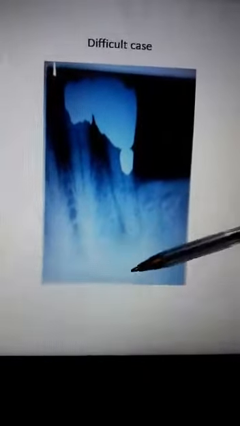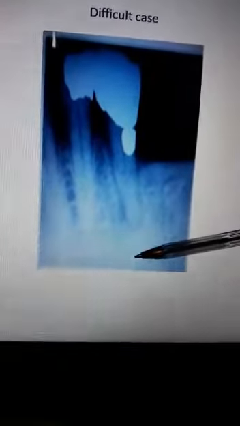In addition, there is a cervical amalgam restoration, and because of this restoration there is a risk of removing excess dentine, and also a risk of perforation during access. So there could be a blockage during canal instrumentation. So this is considered a difficult case.